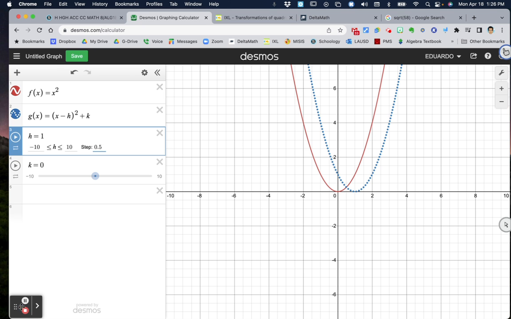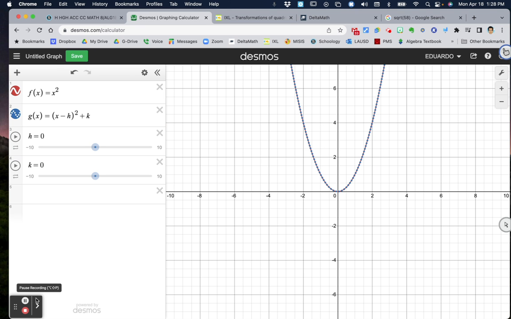Okay, let me just pause. So I'm going to let you play with h. Leave k by itself, but move around the slider for h. See how you can get command of this to move right or left wherever you want. So if you want it to go to positive 6, what do you have to do?